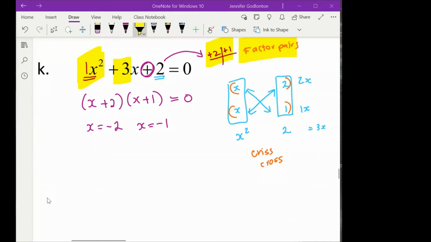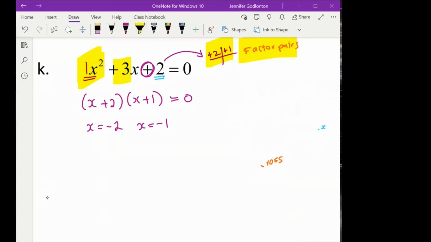Okay, so let's go through this one step by step for those of you who are feeling confused with crisscross, and then I'll let you guys try the next one by yourselves. So for crisscross, let me just write this question here. I've got x squared plus 3x plus 2.